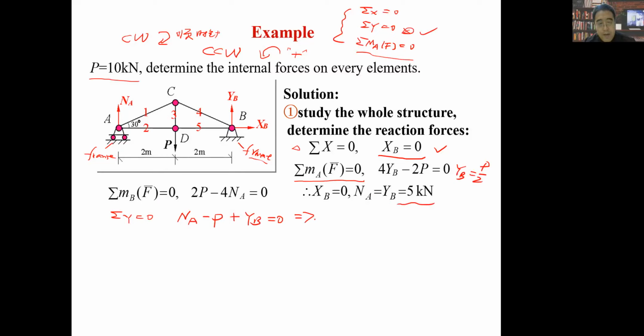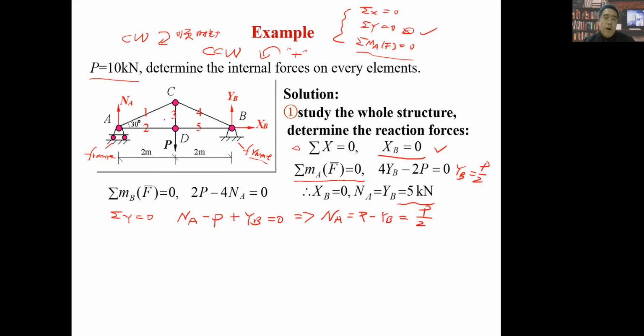So we can very easily find NA equals P minus YB, and YB is half P, so NA is also half P, right? That's how we find the three reactions, right?